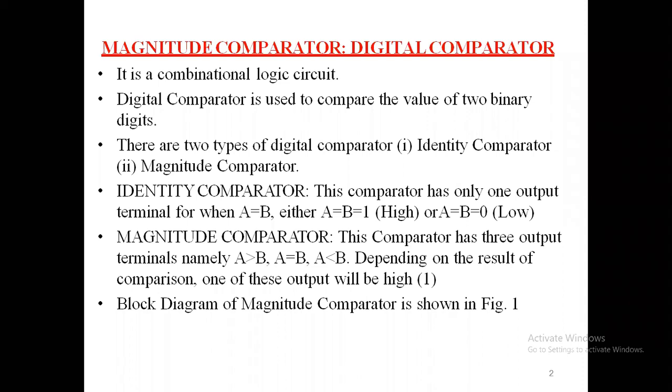The system automatically converts the values to zeros and ones, compares them, produces some output, and that output is converted to decimal and given to the user.